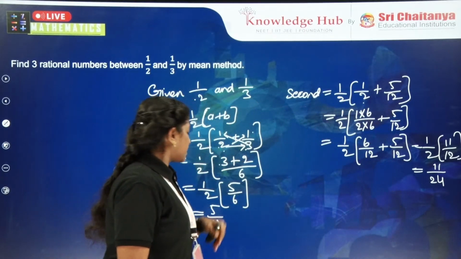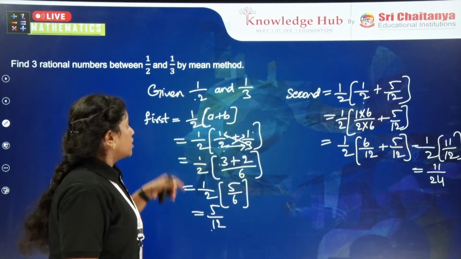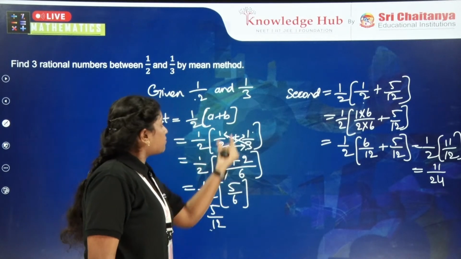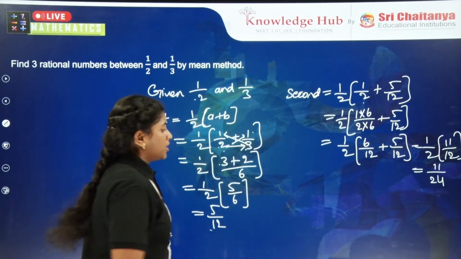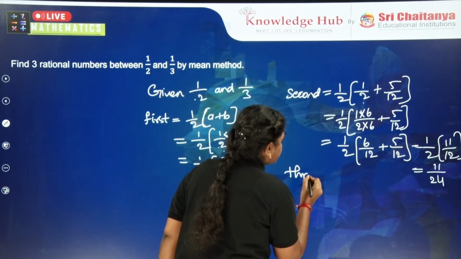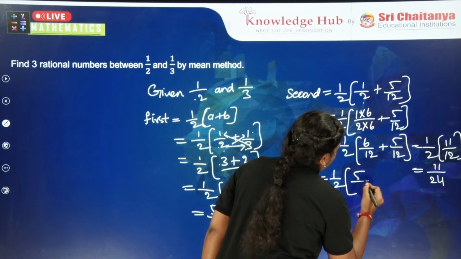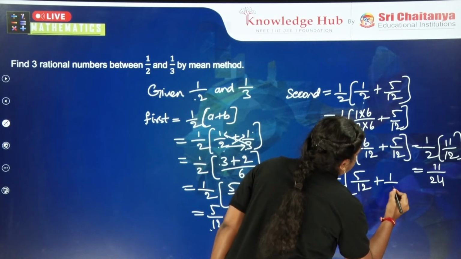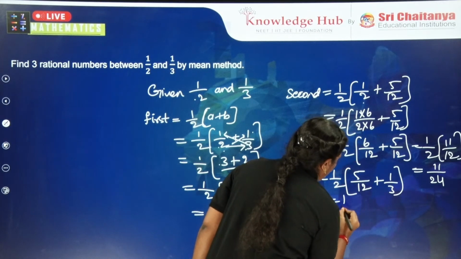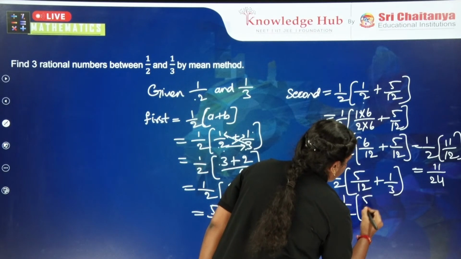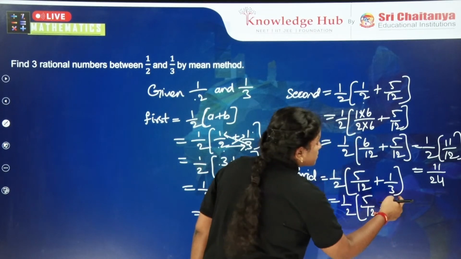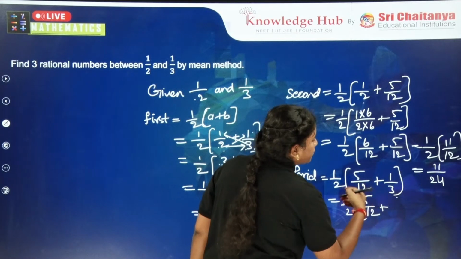Okay, so now once again we need to find another rational number. So here I am going to take the mean between 5 by 12 and 1 by 3. So the third one will become half of 5 by 12 plus 1 by 3. Now for 3, it is going to be multiplied with 4 in order to get 12.